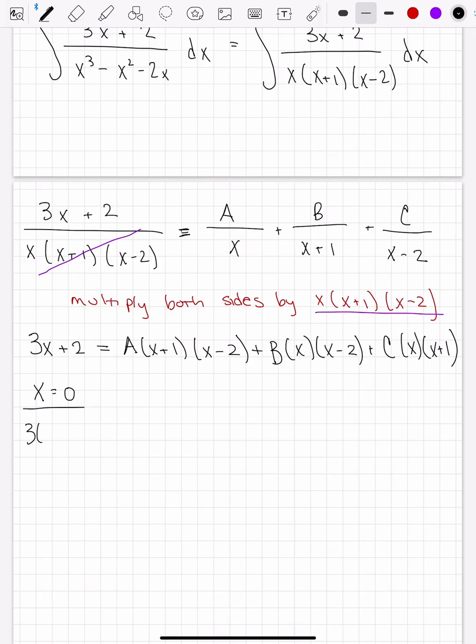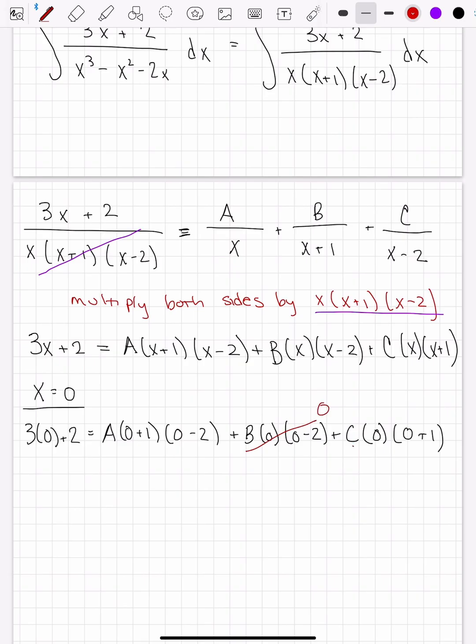So that becomes 3 times 0 plus 2 is A times 0 plus 1 times 0 minus 2 plus B times 0 times 0 minus 2 plus C times 0 times 0 plus 1. So both of these terms are 0. So this becomes 2 equals A times 1 times negative 2. So that's just going to be negative 2A. And then when I divide by negative 2, I'll get A is negative 1.